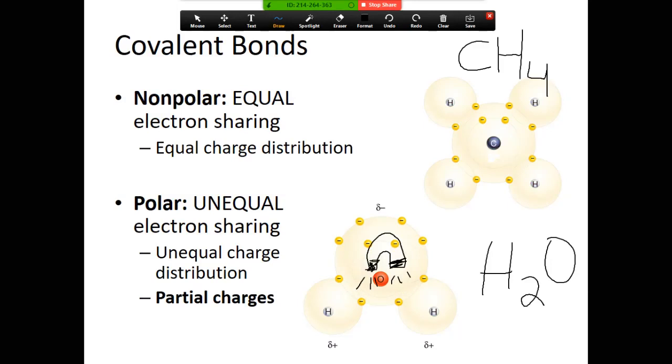All right, so what that actually is going to do then to the overall molecule is it's going to create a charge separation and no longer have a symmetrical distribution of charge.